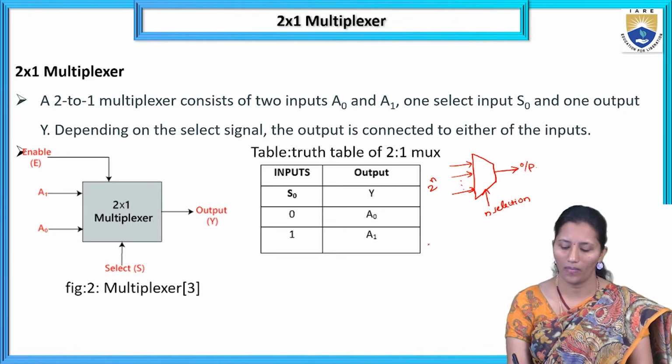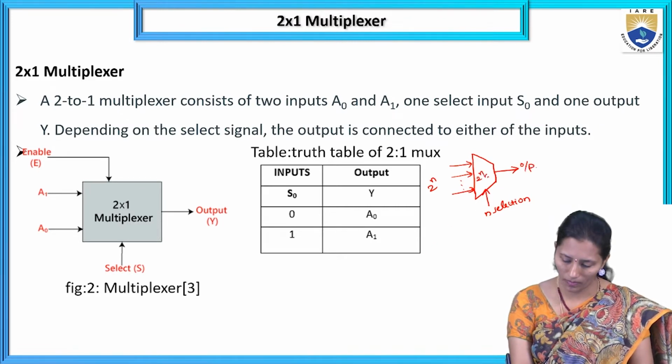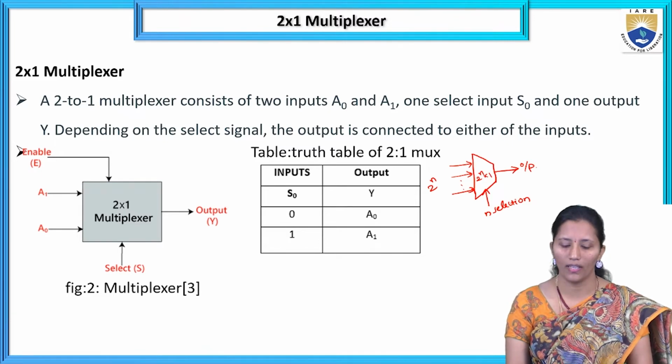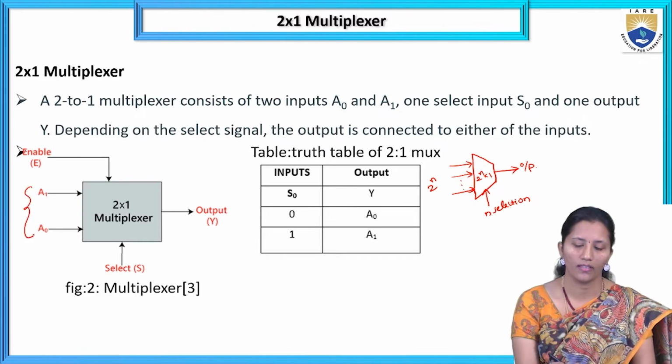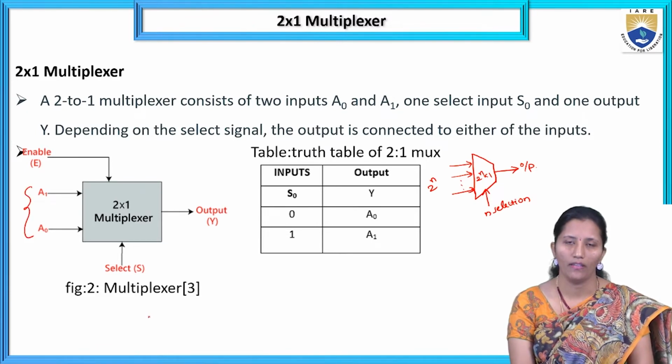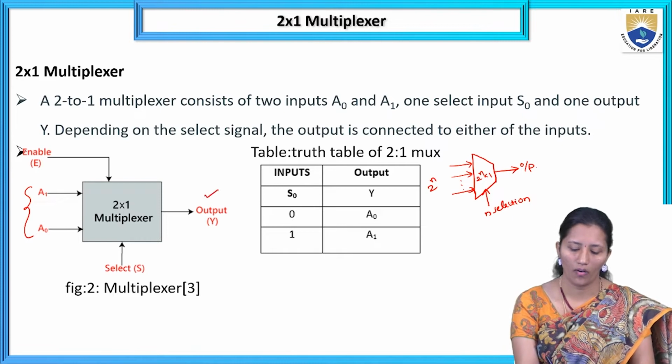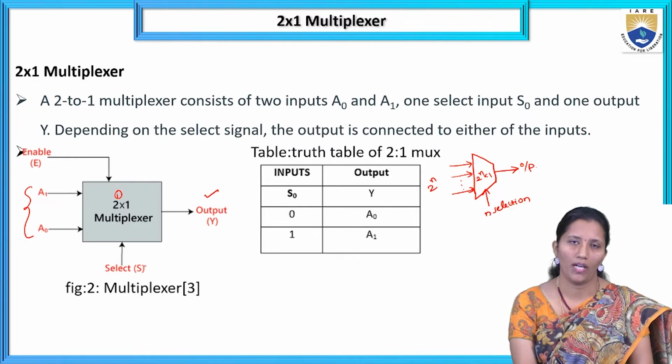So this is the symbol of a multiplexer. If we consider the 2x1 multiplexer, it has 2 inputs. If you observe this block diagram, we have 2 inputs, 1 output, 2 power 1. So this 1 indicates the selection line. For the 2x1 multiplexer, we have only one selection line.